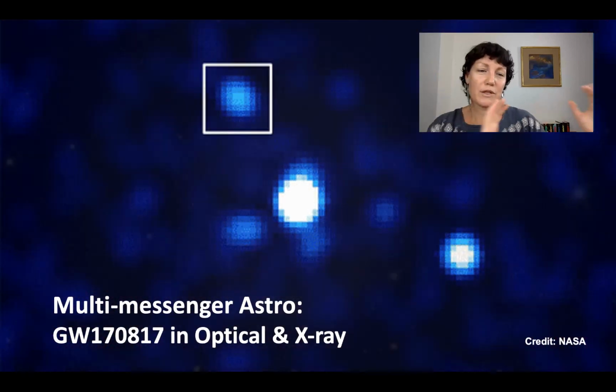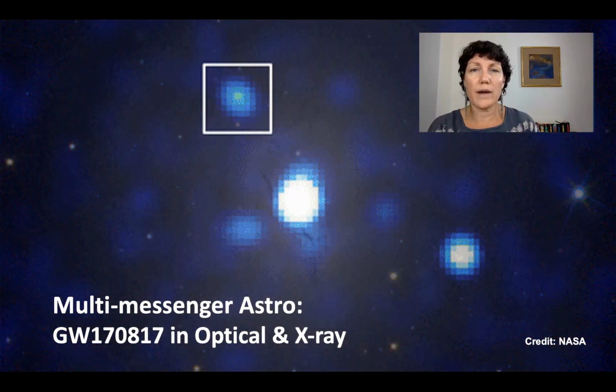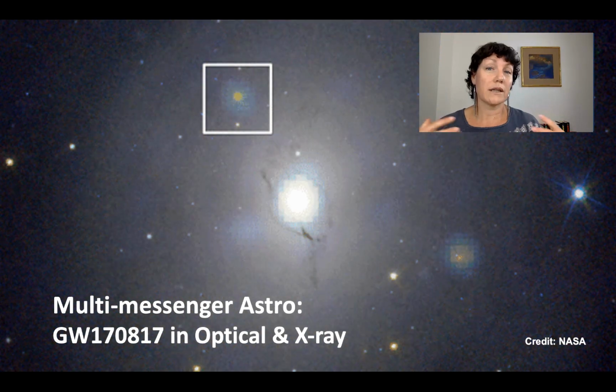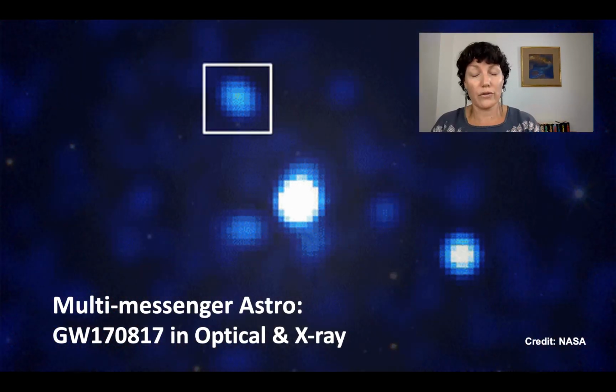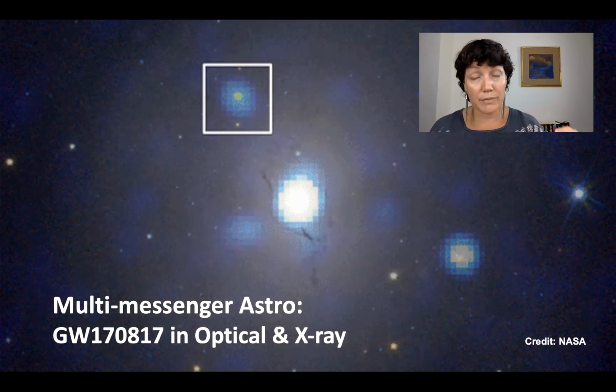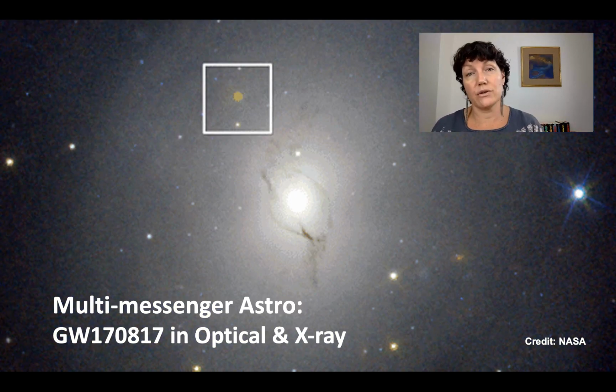But leaving that mystery aside for now and just focusing on these low mass ones, we've just recently entered this era where we can observe stellar mass black holes using their gravitational radiation.